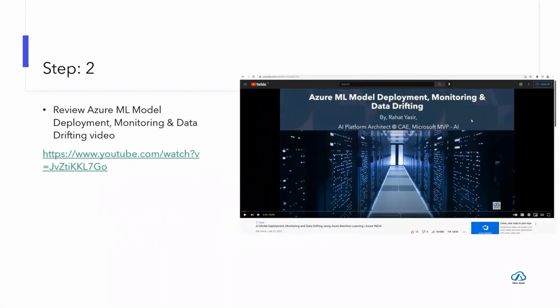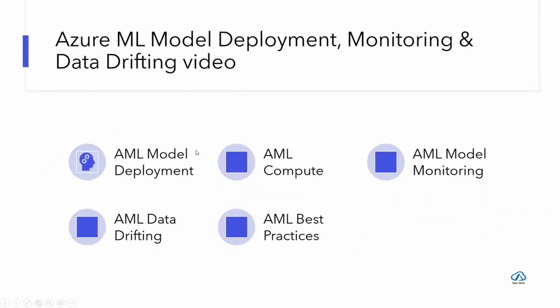So from that high level, as I said already, by going through these two videos, you will know how to use Azure Machine Learning Studio, how to train the model, which algorithm to choose, how to download the model, and also evaluation metrics, all of them. And after going through the second video, you will get to know AML model deployment process, AML compute, AML model monitoring, drifting, and AML best practices.